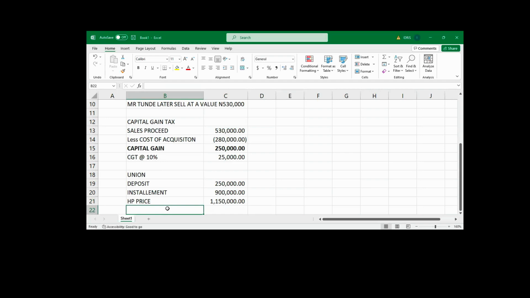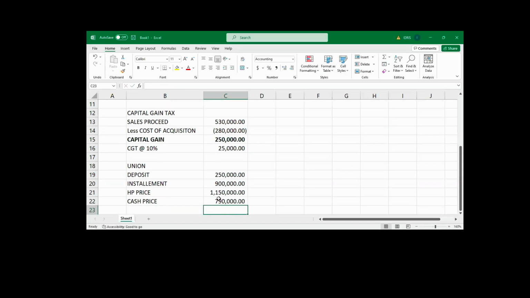How much is the cash price of the asset? According to the question, the cash price is 790,000. If we subtract the 790,000 cash price from the hire purchase price, what are we going to get?